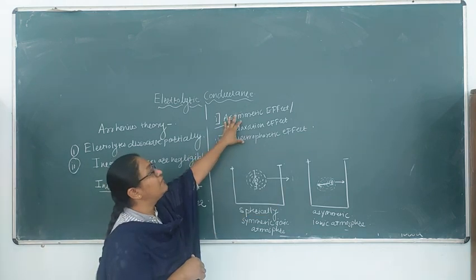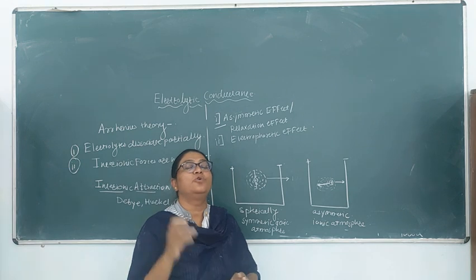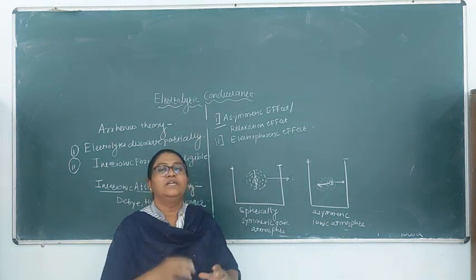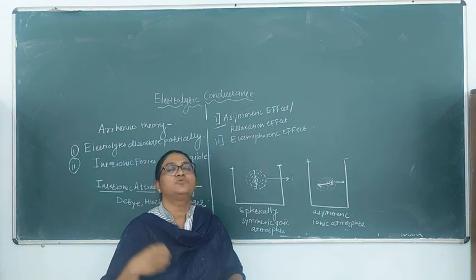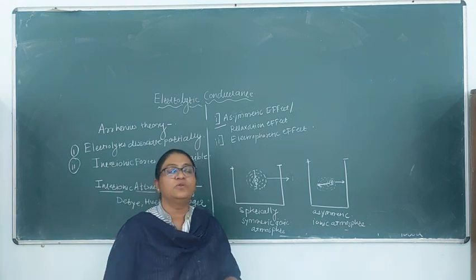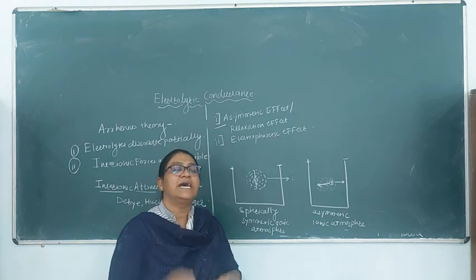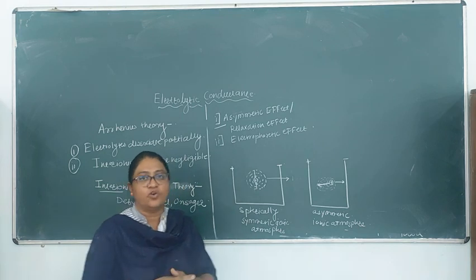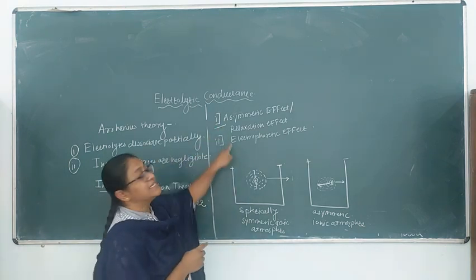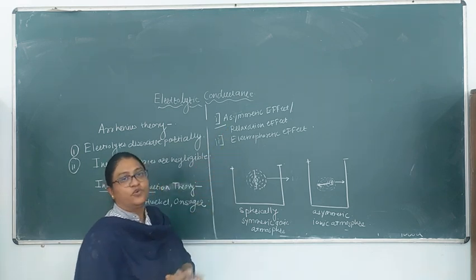So these two effects are responsible for slowing down the ions, and due to the decrease in velocity, the conductance of the solution decreases, because we know that the conductance of the solution directly depends on the velocities of ions. In the case of a strong electrolyte, these two effects are observed, the asymmetric effect and the electrophoretic effect.